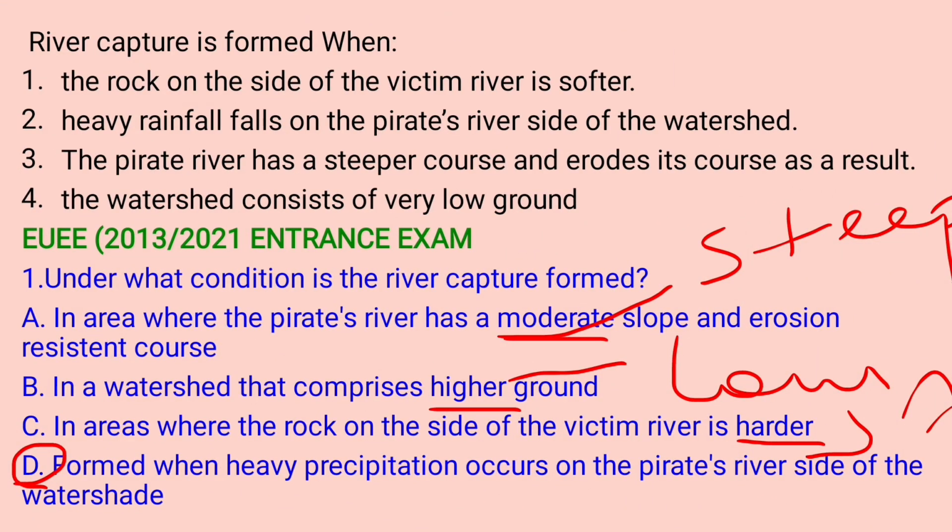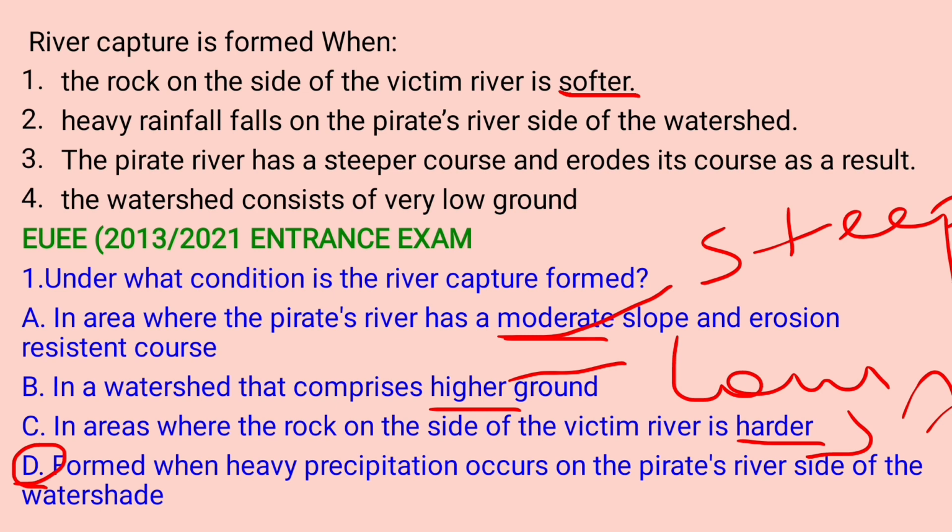Here, river capture is formed in 4 ways. The first way: river capture is formed when the rock on the side of the victim river is softer. 2. River capture is formed when heavy rainfall falls on the pirate river side of the watershed. 3.